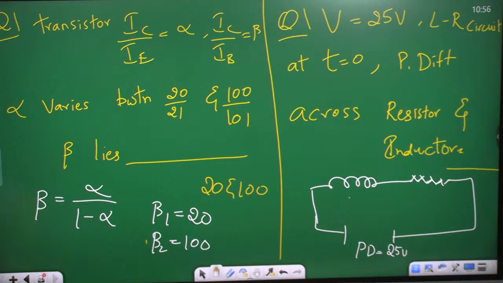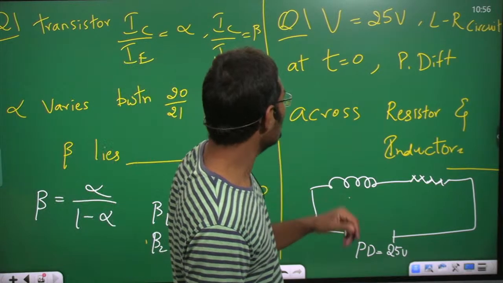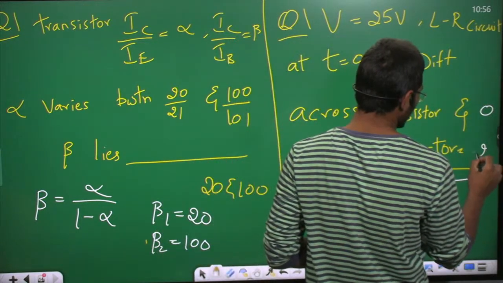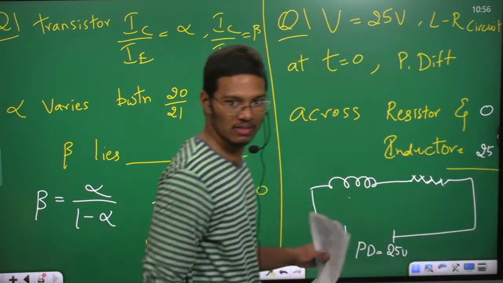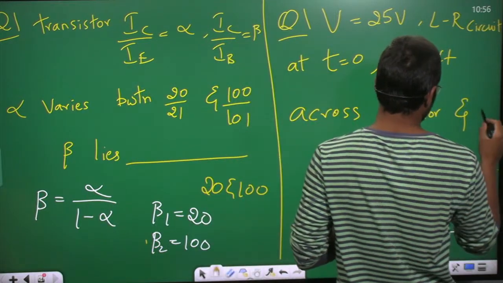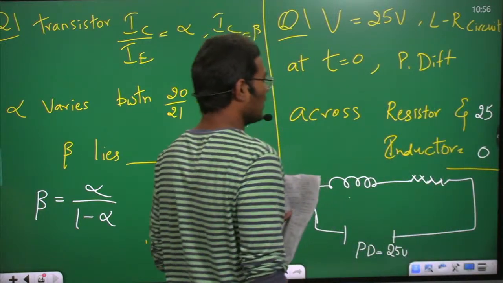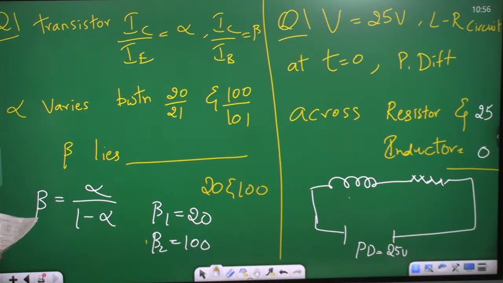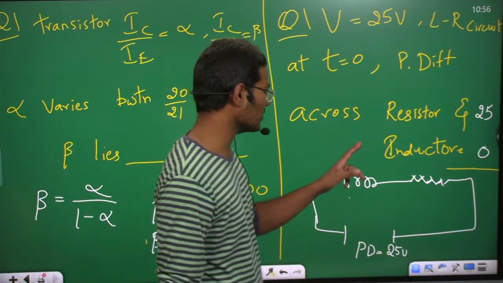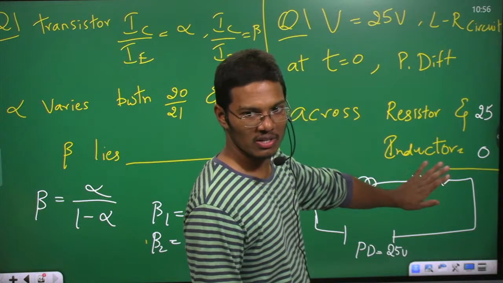Resistance. Here you are saying that potential difference 0 and 25. Reverse you are saying, okay. So at time t equal to 0, we are saying that the inductor offers 0 resistance. So 0 potential drop.